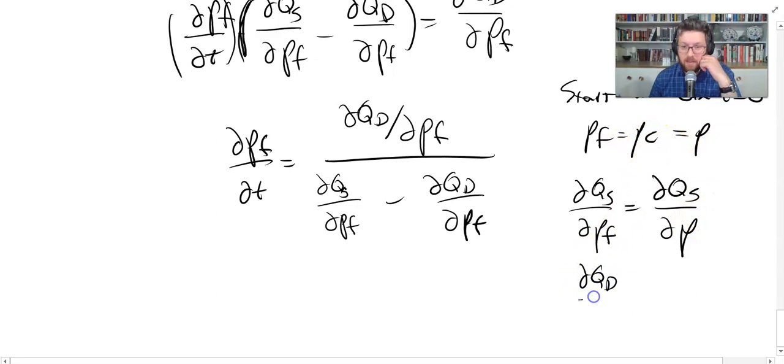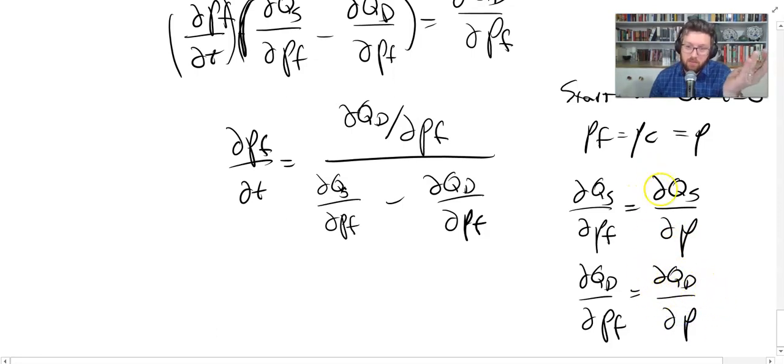And let's do the same thing with demand. How does demand change when you change the price PF? Well, at the point where PF is equal to PC is equal to P, this works at this point here.